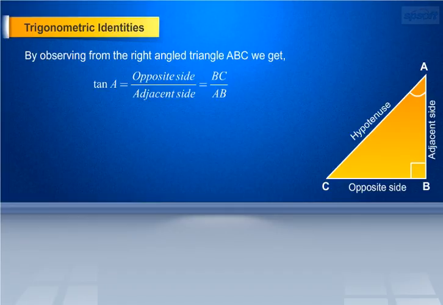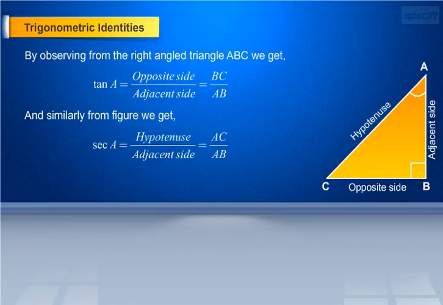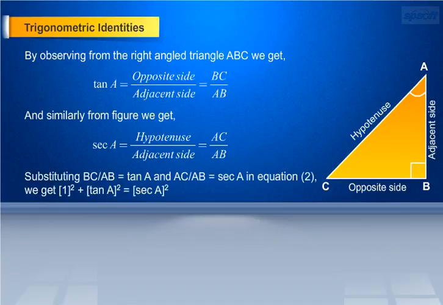By observing the right angle triangle ABC, we get BC by AB equals tan A. And similarly from the figure we get AC by AB equals secant A, since secant A equals hypotenuse by adjacent side.